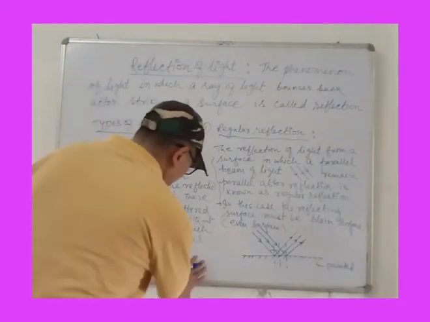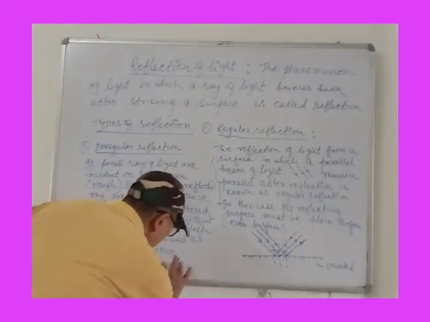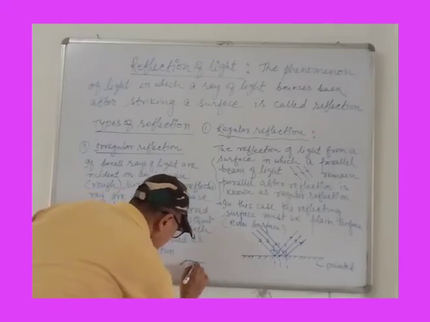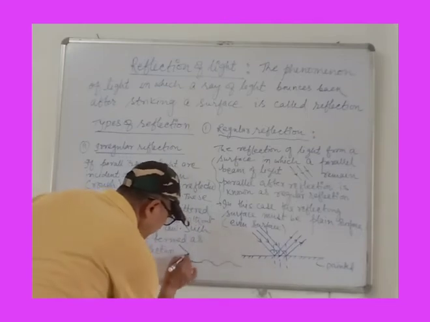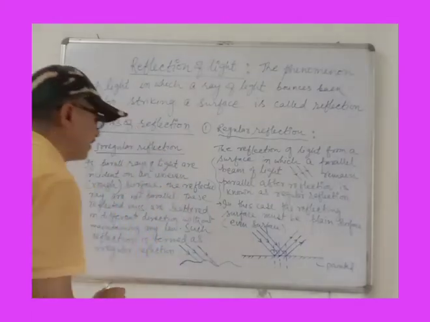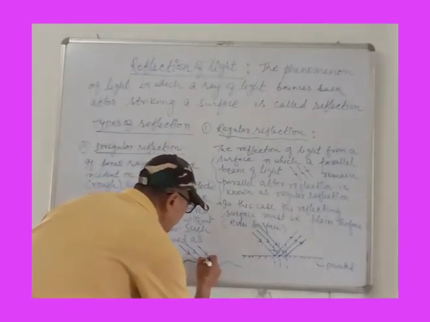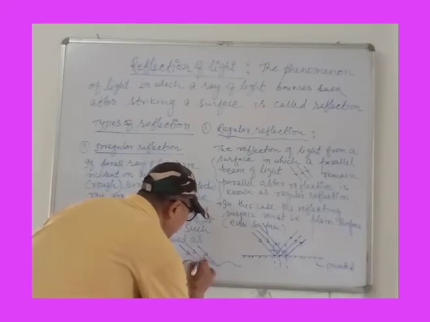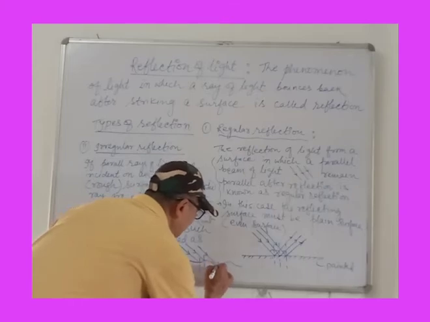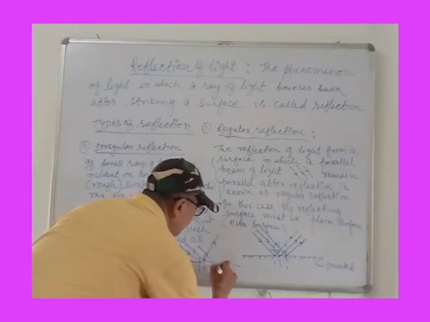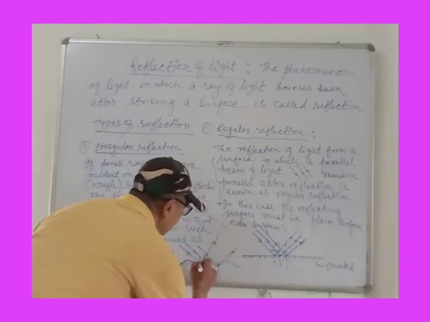So now the diagram. Let me draw a small diagram here. Suppose this is the uneven surface, like this, uneven surface. So a parallel beam of light falling, in this way. They will not maintain the laws of reflection, but the normal can be drawn. It will be like this. It will be like this.